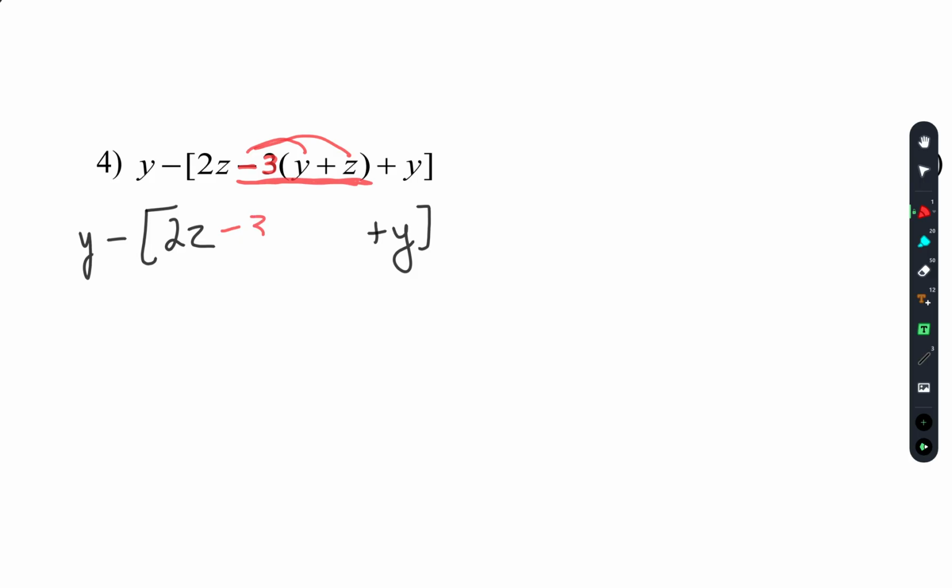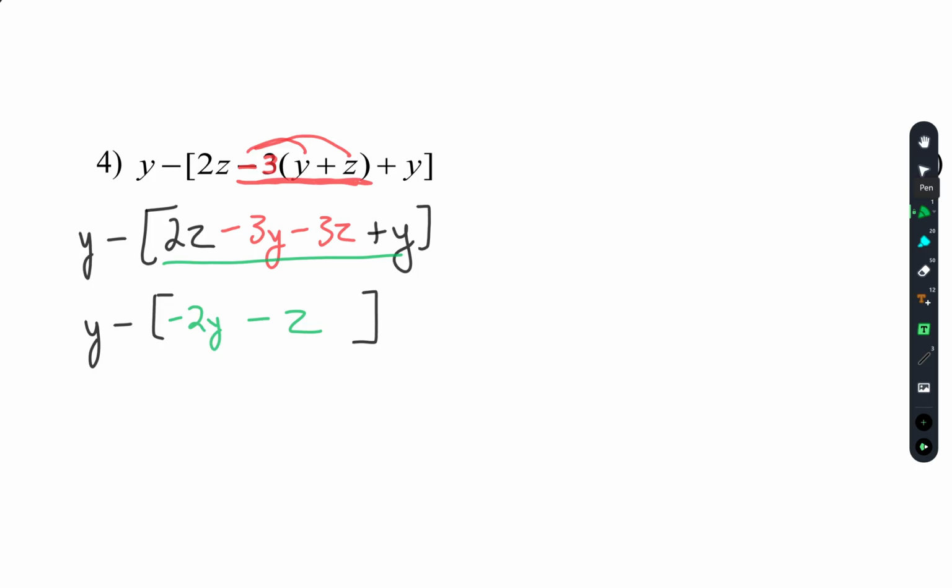So that's now negative 3y, negative 3z. Okay. Now that's all in the brackets. So I'm going to combine those. So I'm going to do y minus bracket, and I'm going to combine as much as I can. So I'm going to combine all these, so I get negative 2y and negative z. You could have it negative z and minus 2y too. It doesn't matter. It's just usually written alphabetically, so if you want something to go off of.